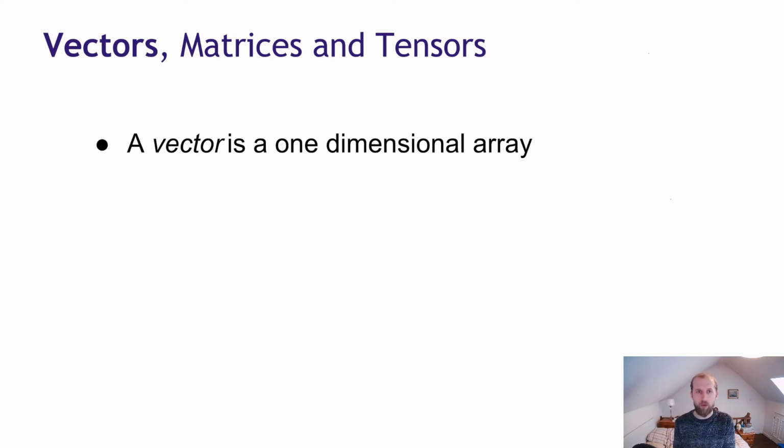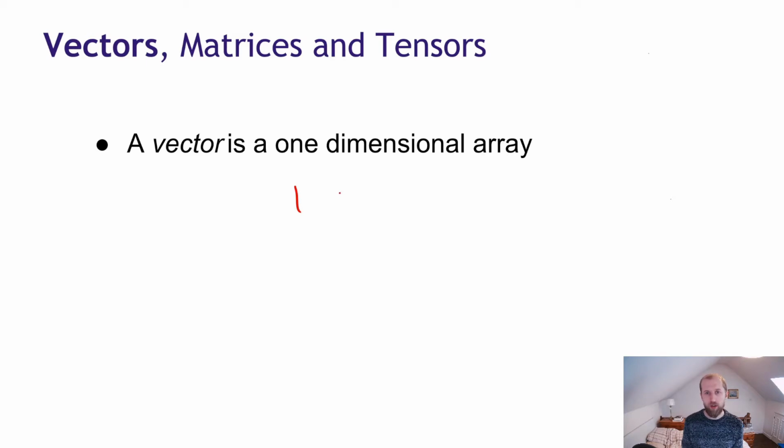That's what I'm going to go through in this lecture, and I'm going to try and keep it as straightforward as possible. So we'll start off with vectors because they are the simplest. A vector is very simply just a one-dimensional array. By this, I mean it's essentially a set of numbers that have been grouped together to become one object.